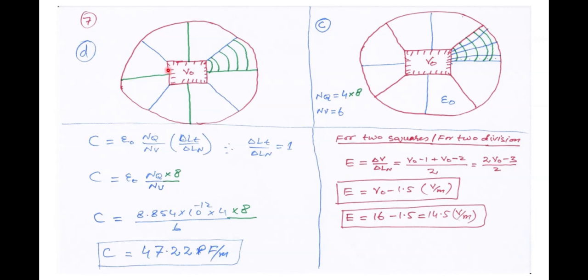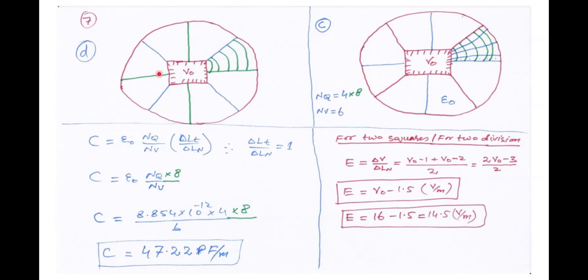Or you can draw individual curvilinear squares one by one, filling the space in between two conducting boundaries with curvilinear squares, one by one. That way you can also achieve the mesh or grid in between two conducting boundaries.